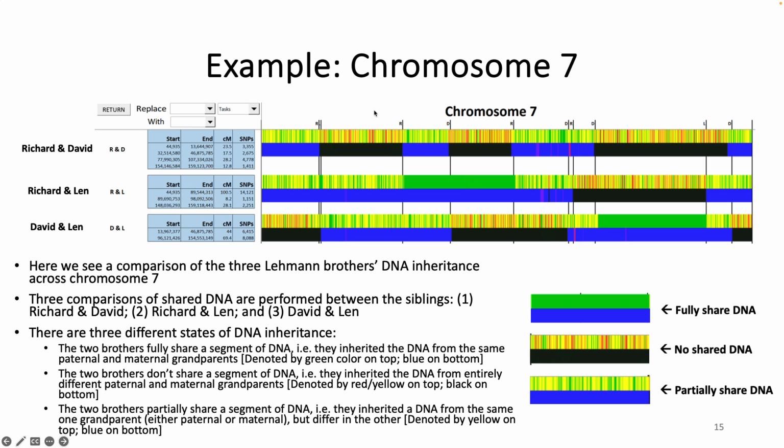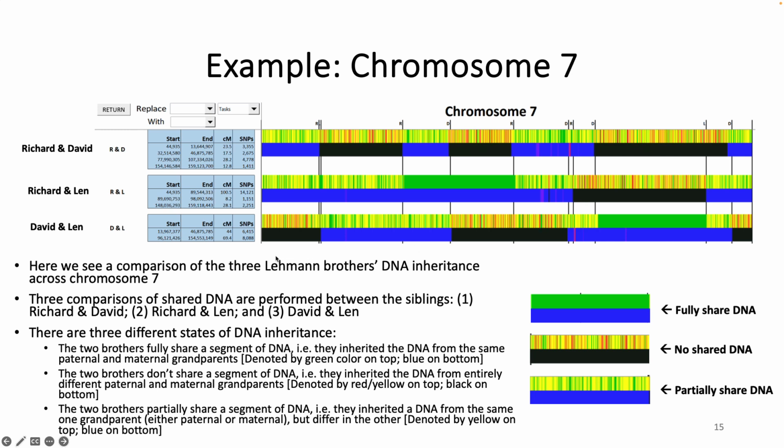Over in this area, it means that Richard maybe inherited his DNA from the paternal grandfather, and David would have to be from the paternal grandmother. And same thing, if it was maternal grandfather for Richard, it has to be maternal grandmother. They have no DNA in common. They actually got DNA from different grandparents, and so they don't share any DNA along this portion of chromosome 7. And we see a lot of areas where there's black, where siblings do not share any DNA.